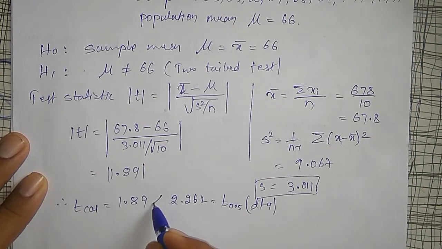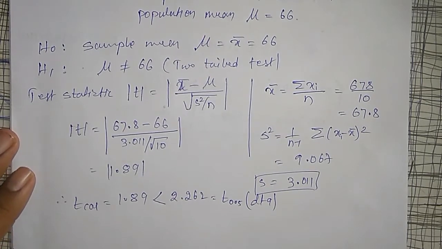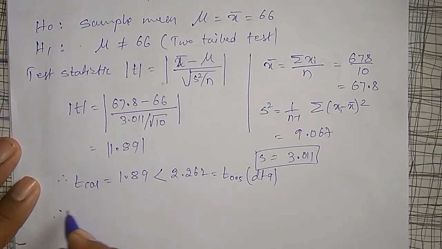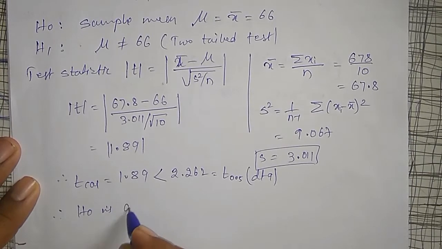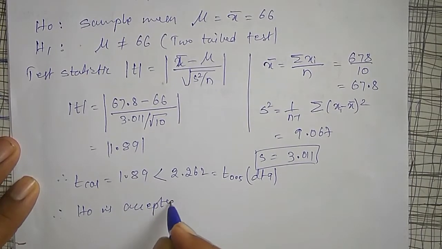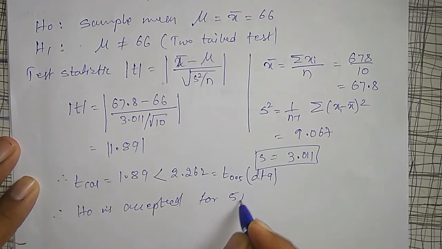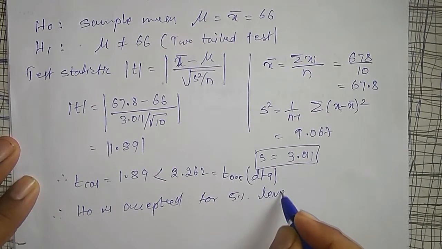Therefore, it is less than the table value. Therefore, here the null hypothesis is accepted. Therefore, H0 is accepted at the 5% level of significance.